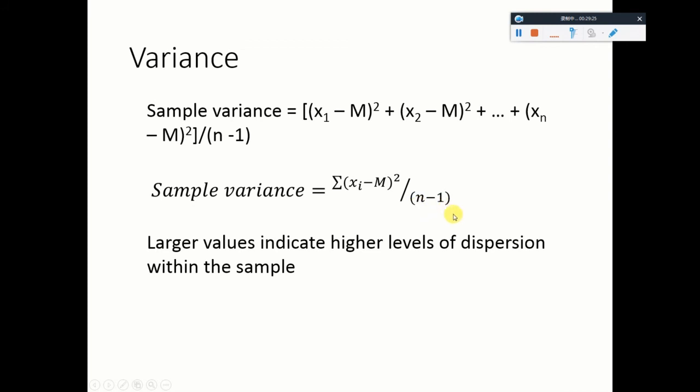Okay. All right. So again, larger variances indicate higher levels of dispersion within the sample. How about, as an exercise, you find the variance for this particular sample.